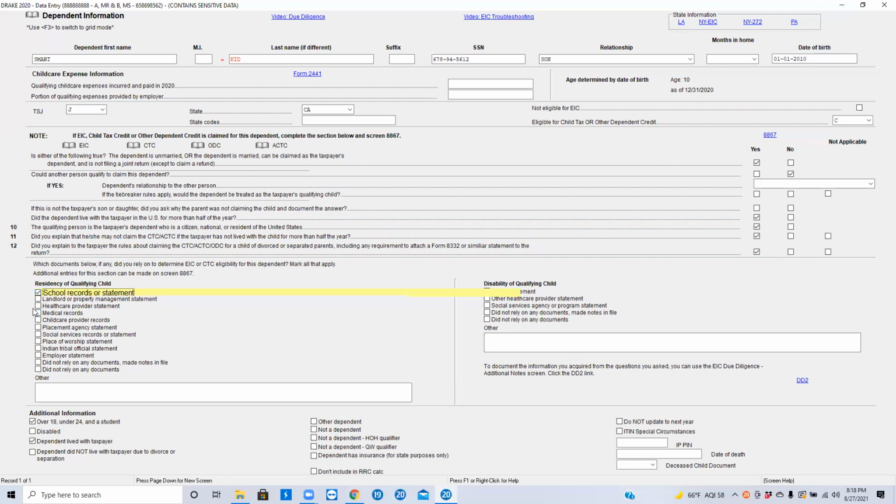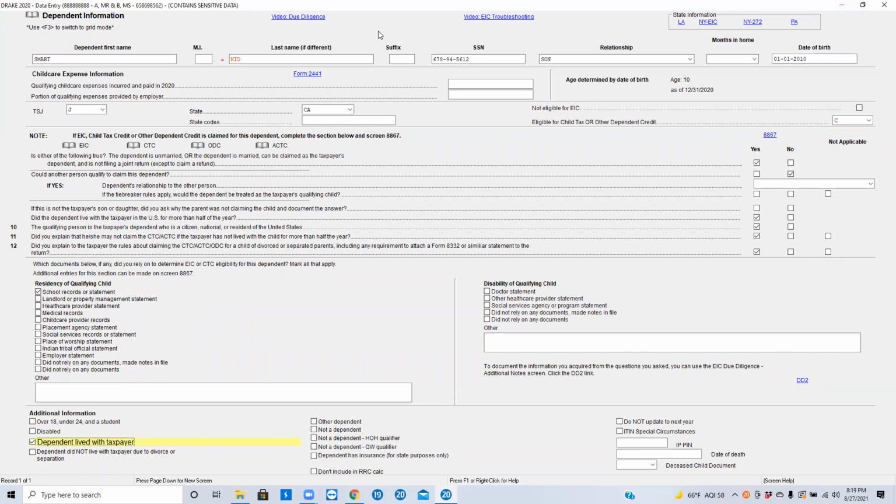If not, you most likely have a healthcare card, like the healthcare from the parents' company or from Cover California. Either is fine. If this is a kid over 18, you need to check this box, but in this situation, the kid is not over 18, so it does not need to be checked. This other box also needs to be checked. It's called dependent with taxpayer.